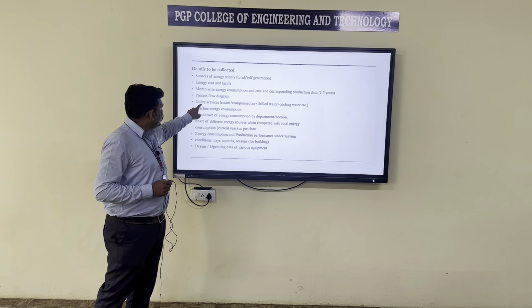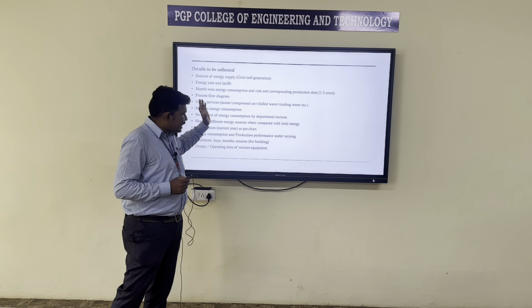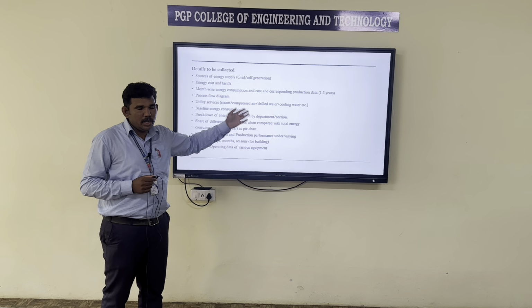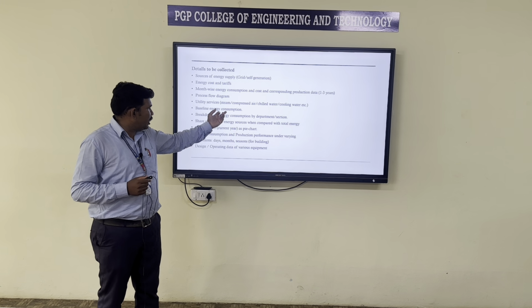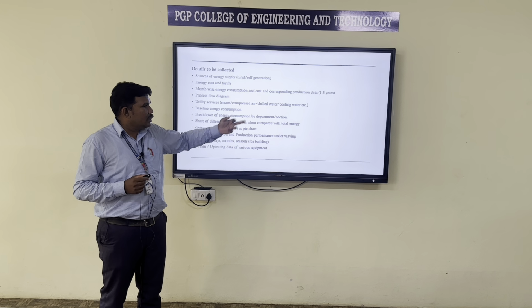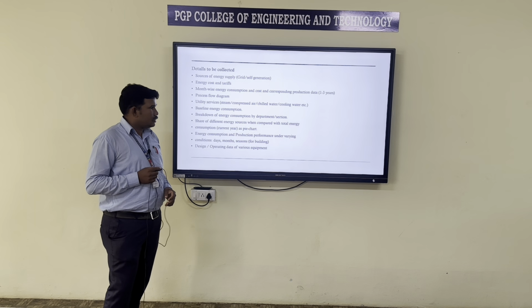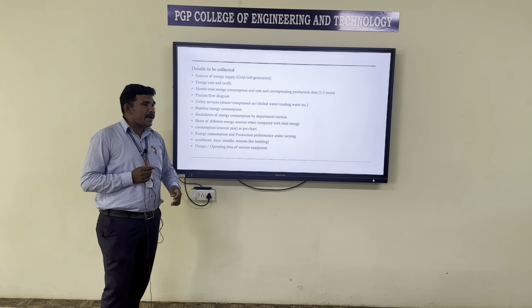Next are the utility services, whether it is steam, compressed air, chilled water, cooling water, etc. For example, in this campus, in the laboratories we are using the compressor, chilled water, etc. Then the baseline of energy consumption: the breakdown of energy consumption by departments and sections, and the share of the different sources compared to the total energy.